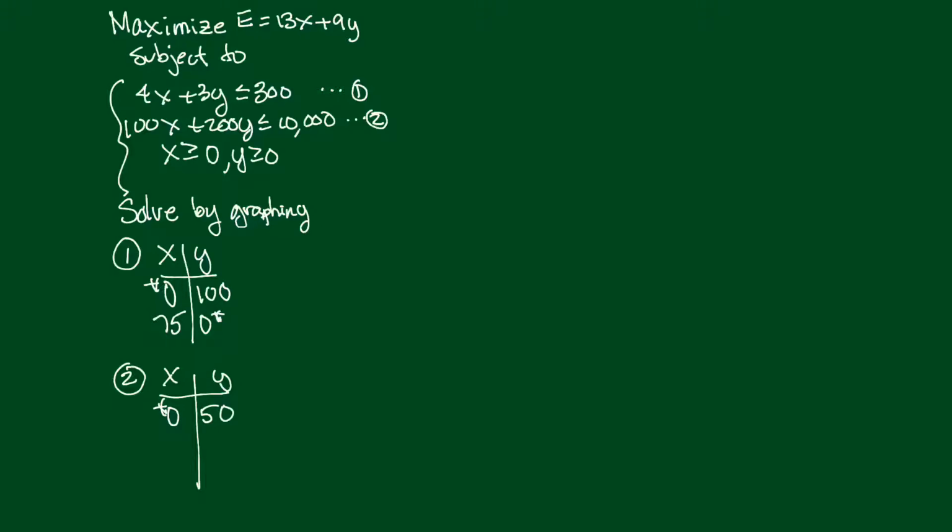If you're not sure, get a calculator. And then down here, use y to be 0, and put 0 in for y here. That term is gone. You get 100x equals 10,000. So 10,000 divided by 100 is 100.